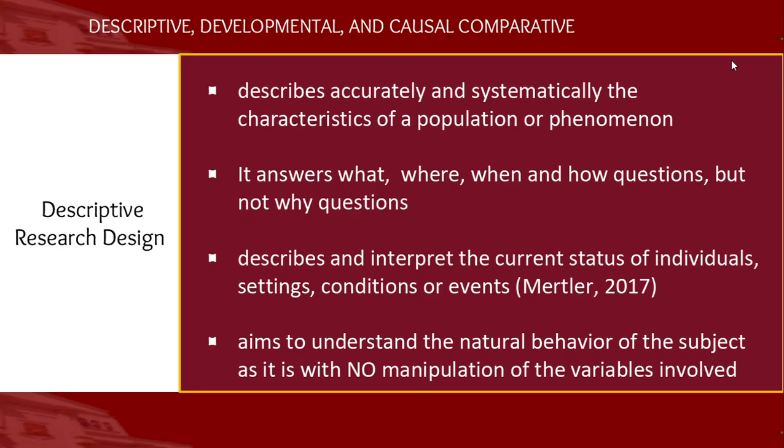Okay, it answers the what question, where, when, and how, but it does not answer the why questions. Okay? So, further, it describes and interprets the current status of individuals or the settings or the phenomenon or the condition or events. That is according to Mertler in 2017.